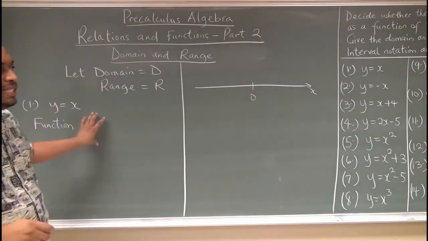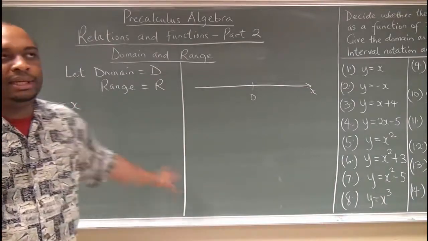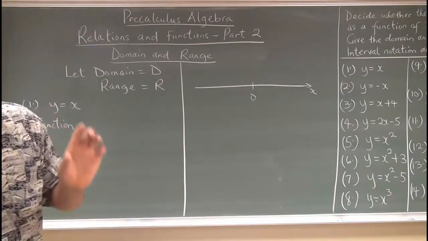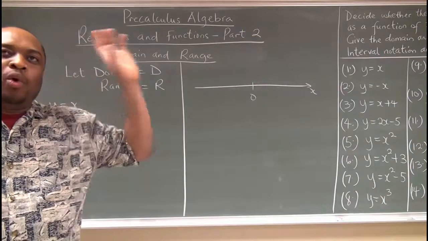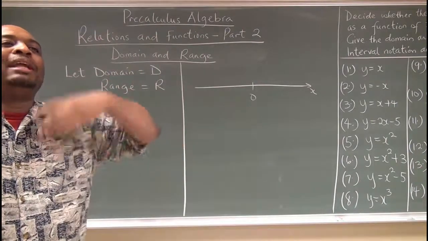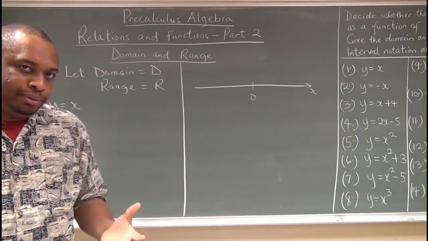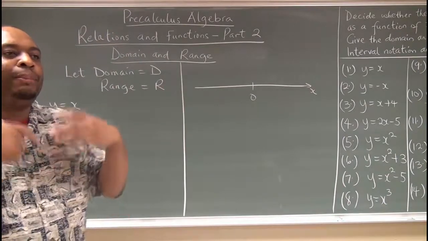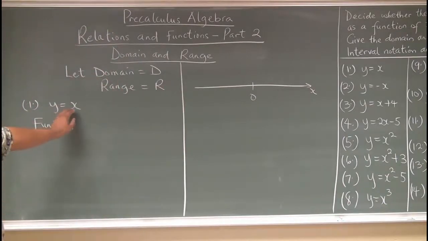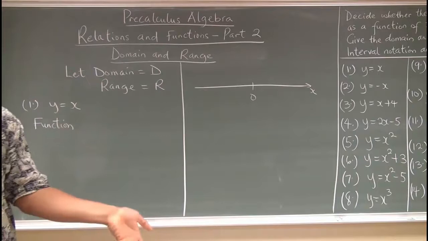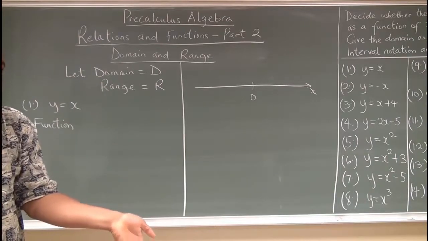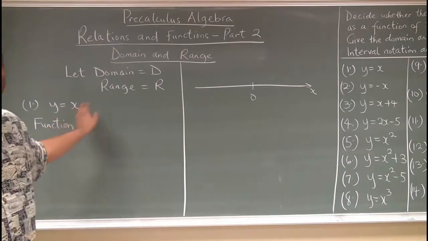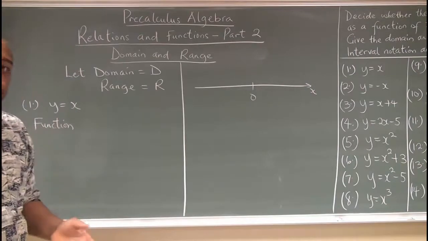Now, you ask yourself, when you're given this equation or rule, what are all the possibilities of the input? I mean, can you put any number as an input for it to give an output? Can you put any number as x for it to have a result as y?